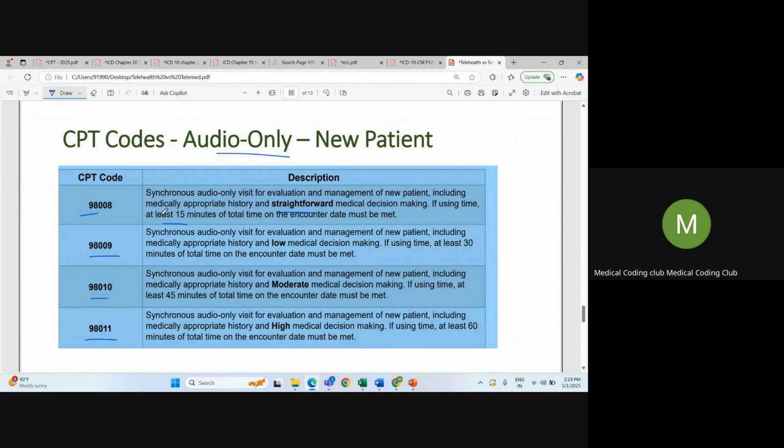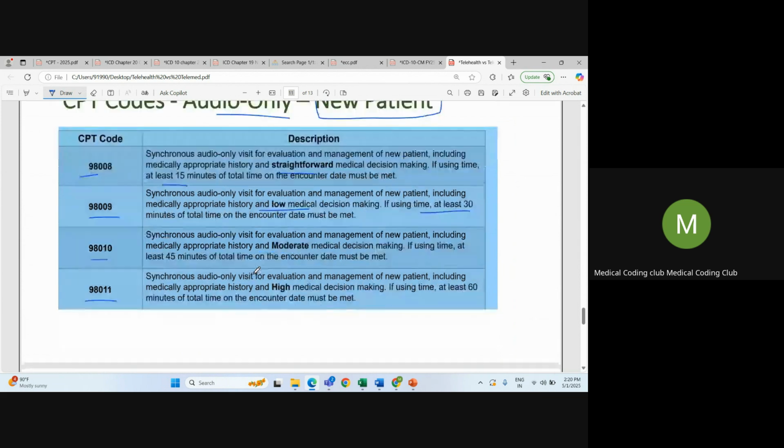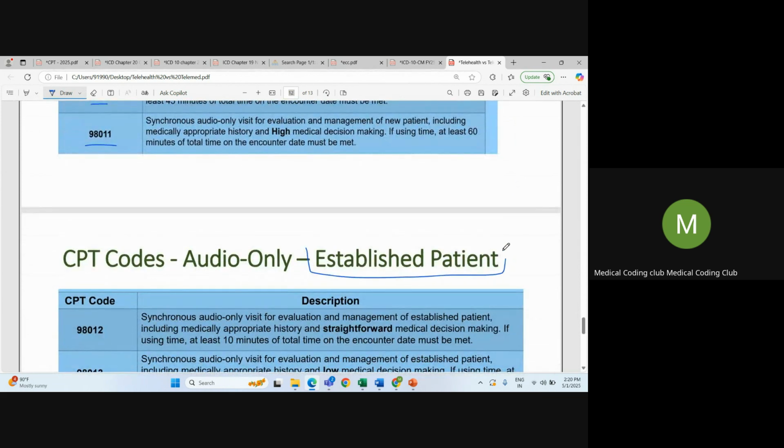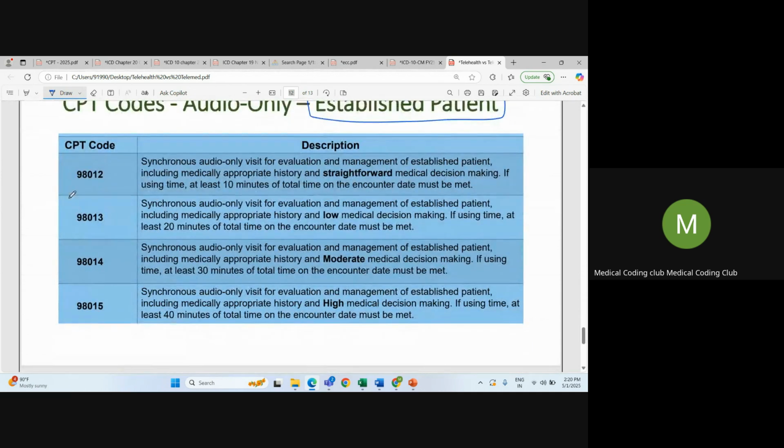Straightforward with 15 minutes is 98008, and low MDM, and when utilizing time it must be 30 minutes, is 98009. So it goes on, and these four codes belong to new patient. In the same way, for audio only established patient, we have another set of four codes: 98012, 98013, 98014, and 98015.